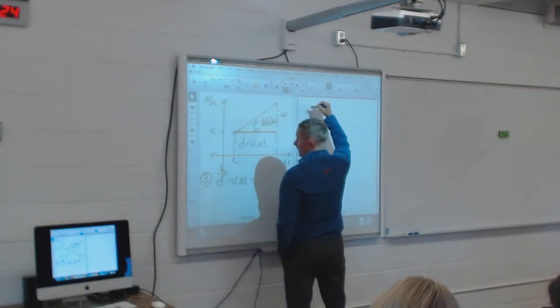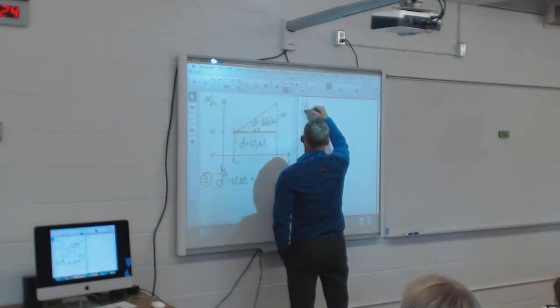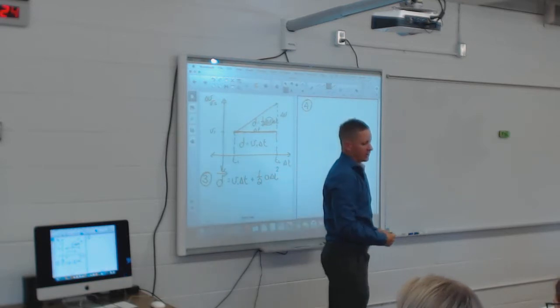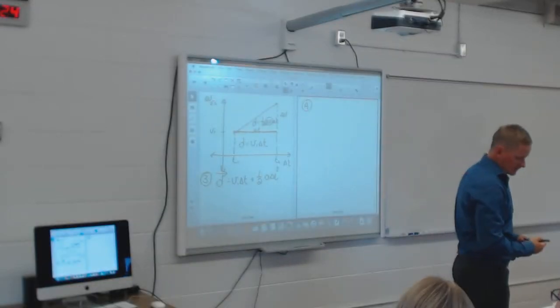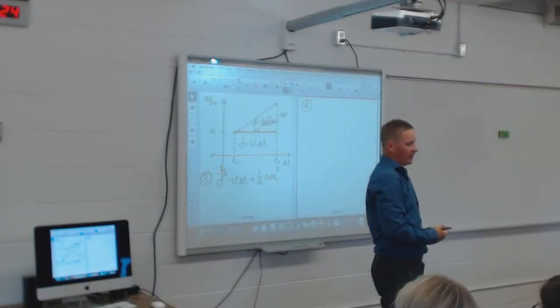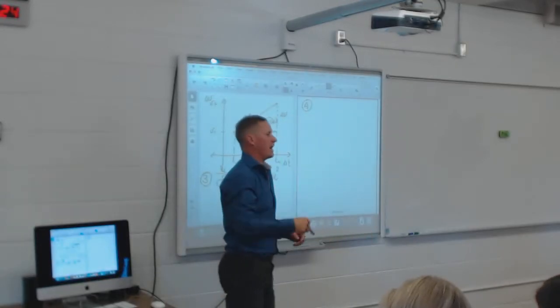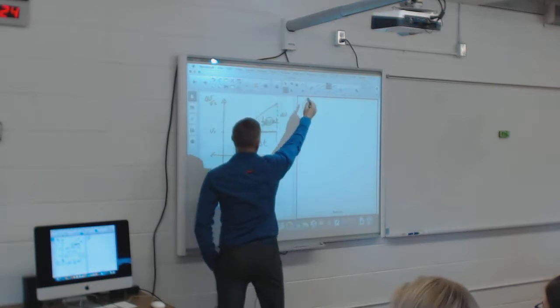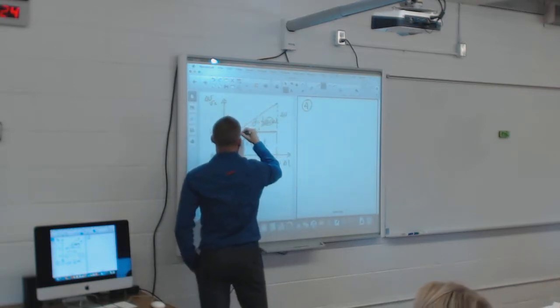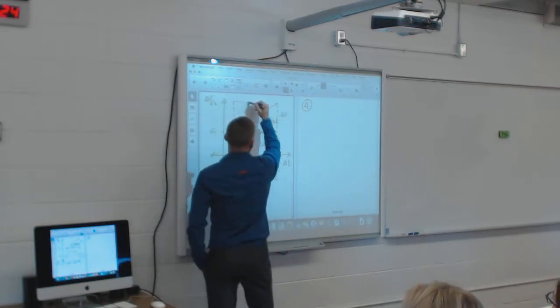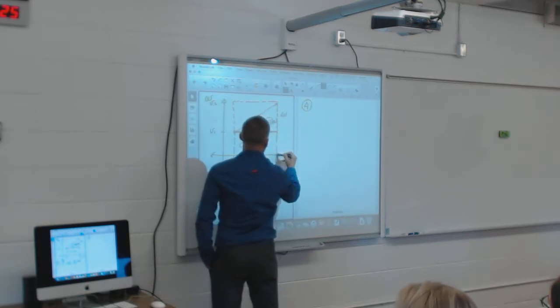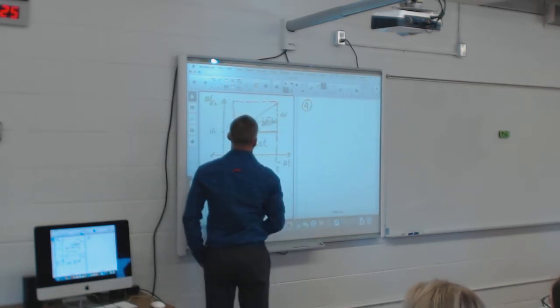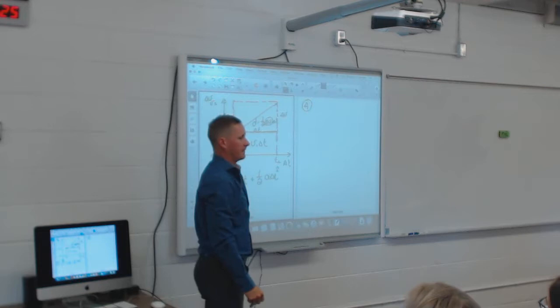Number 4, we use infrequently, but we still use it. It's along the same lines. Again, it's just a substitution. You make a rectangle and then you subtract the area of the triangle. So they extend this like this, right? They make a rectangle here.